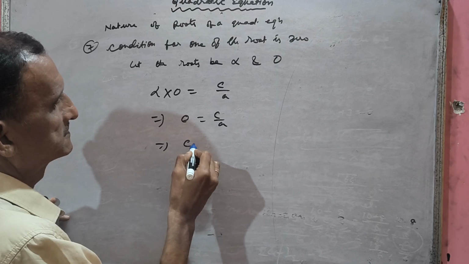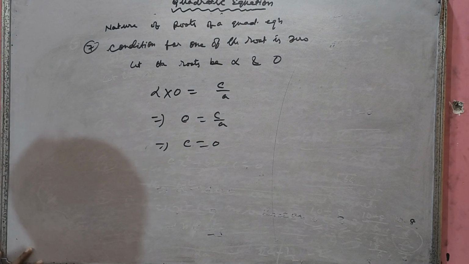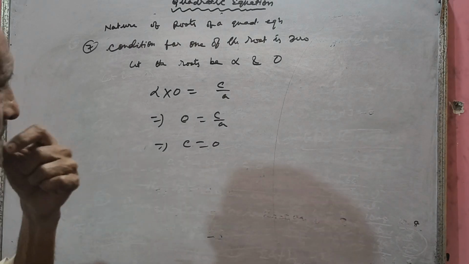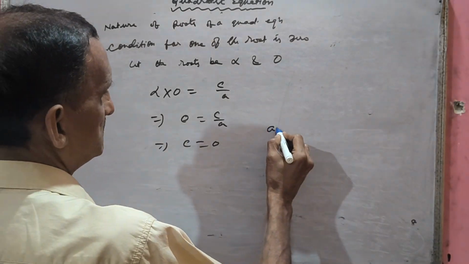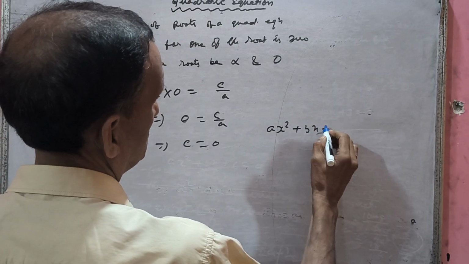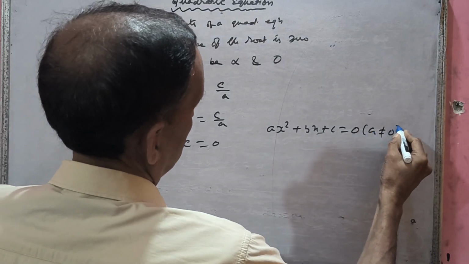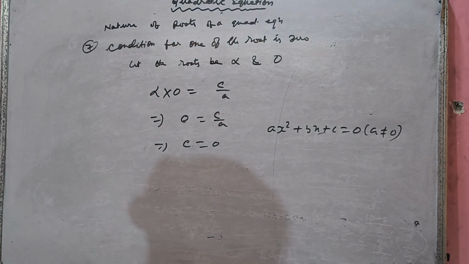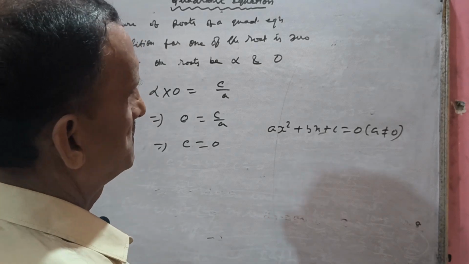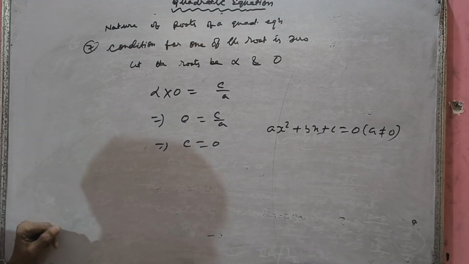What you will get? Because a cannot be 0, no? c equal to 0. This is the condition. If c equal to 0, c in the general form we are talking about, a cannot be equal to 0, then one of the roots will be 0.